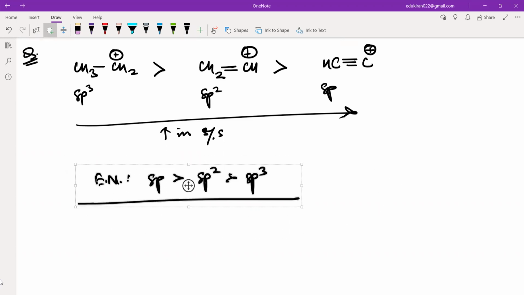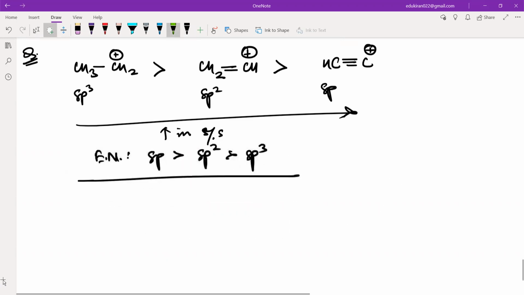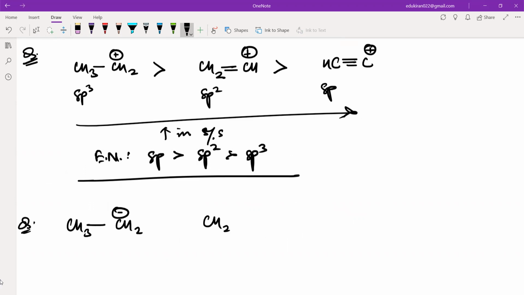Okay, next thing is what will be the effect of the same groups if we have a carbanion? We have a carbanion CH3 single bond CH2 negative. We compare this with CH2 double bond CH negative, and CH triple bond C negative.